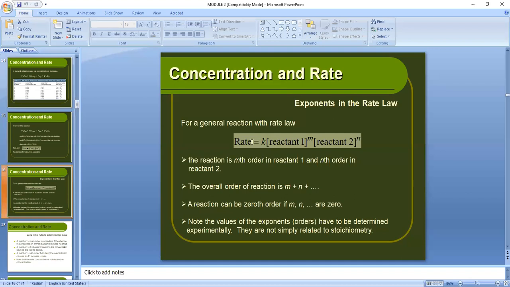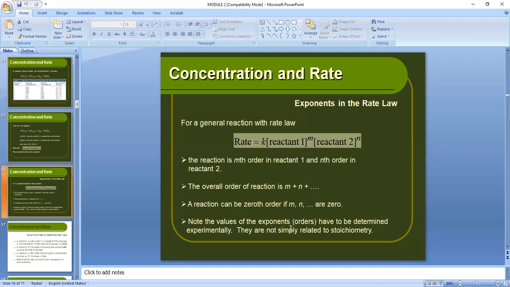They may depend on some other factors as discussed. So it could be in terms of the surface area of the solid catalyst, if there are solids present in your system. It could also be based on the degree of radiation in your system, especially for photochemical reactions. So it could be dependent on some other factors except the concentration of your reacting species.